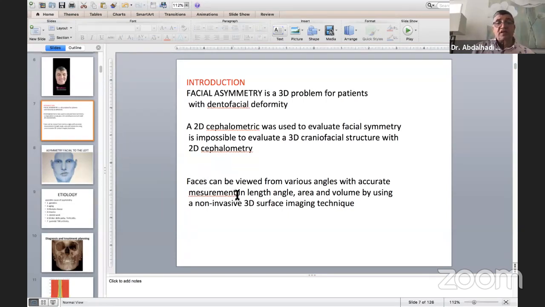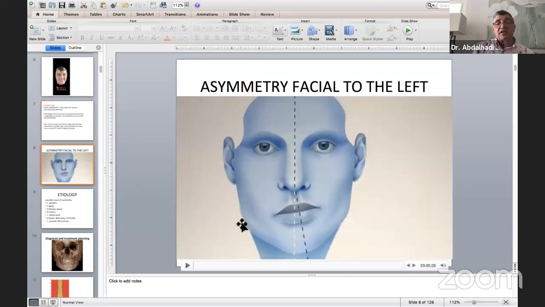However, the 3D face can be viewed from various angles with accurate measurement in length, angle, area, and volume by using a non-invasive 3D surface imaging technique.